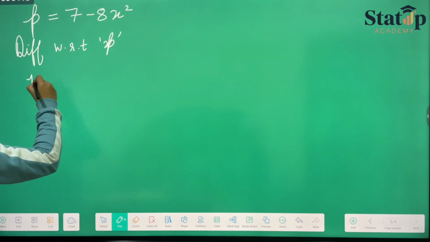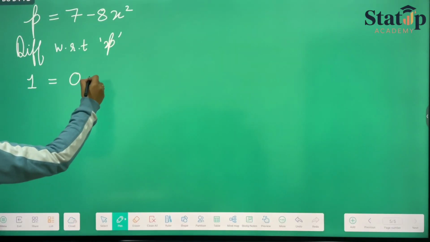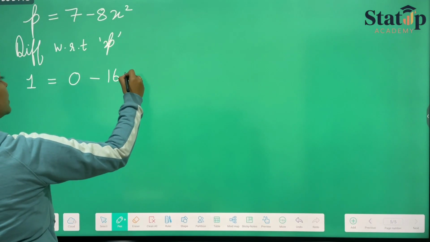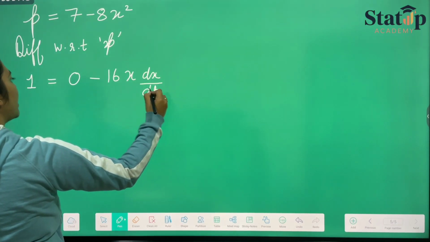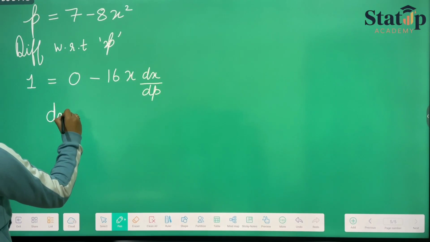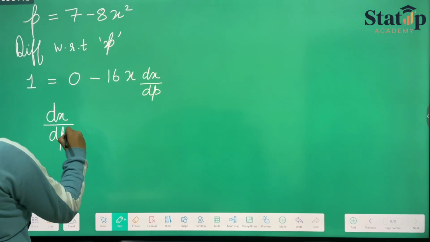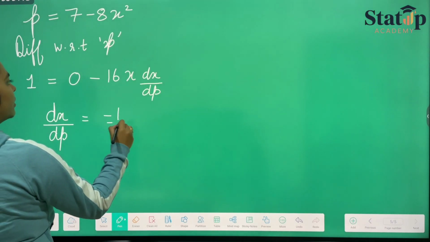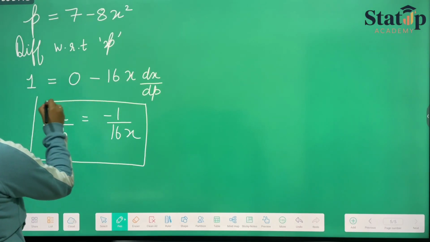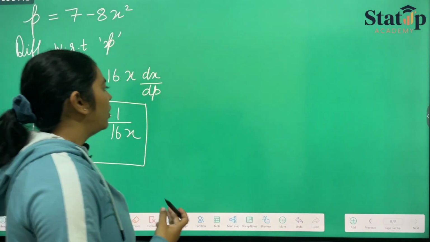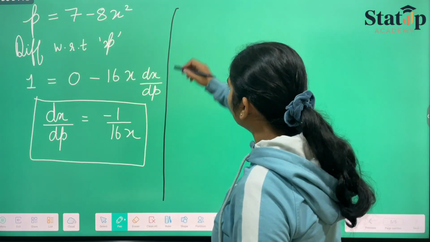So p with respect to p is 1, 7 with respect to p is 0, minus 16x dx by dp. And from here we can say that dx upon dp is nothing but minus 1 upon 16x. Now putting this in equation 1, the equation of price elasticity of demand.